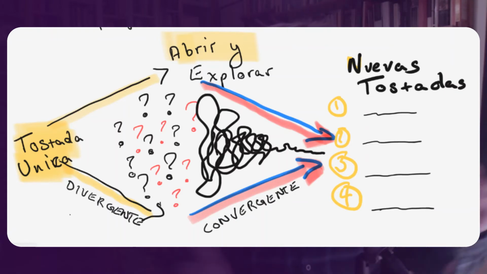And then finally we've taken this mess of ideas around toast, and we've done some convergent thinking in order to create new toasts which have nothing to do with the toast that we originally thought of. And that basically is the creative process of any creation, and that really is probably what you need to do with your doctoral research, your PhD research.